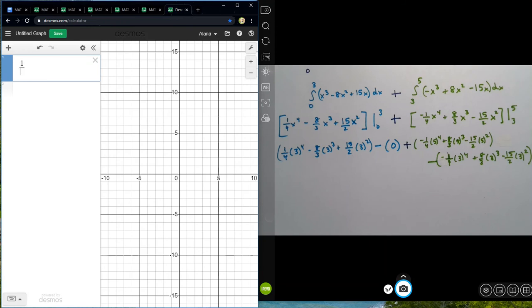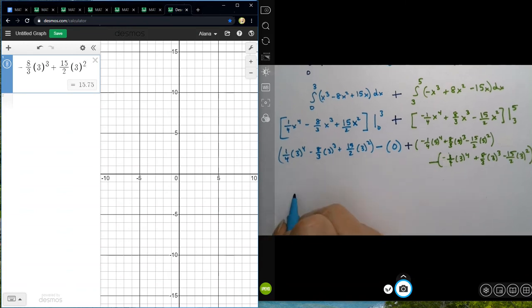All right, so 1/4 times 3 to the 4th minus 8 thirds times 3 to the third. And then plus 15 halves times 3 squared. That gets us 15.75. Okay, so this number right here is 15.75.